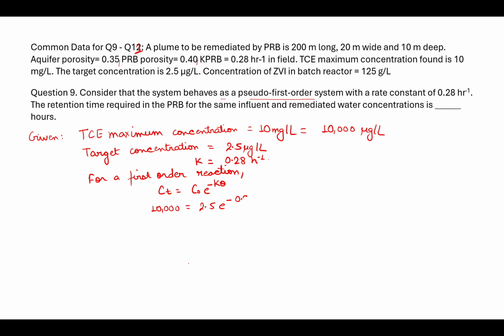So we have K as 0.28 and we have to find out theta. After simplifying this equation, taking natural log on both sides, we can solve it.